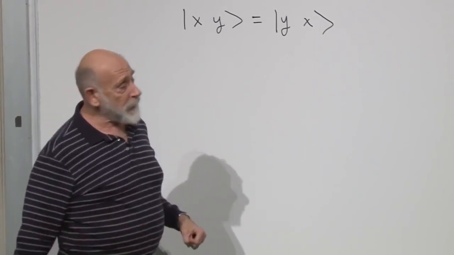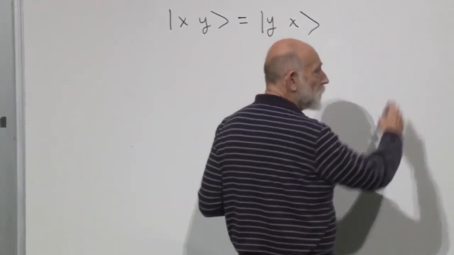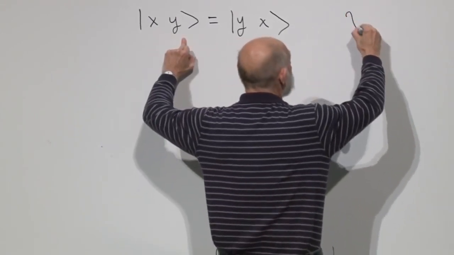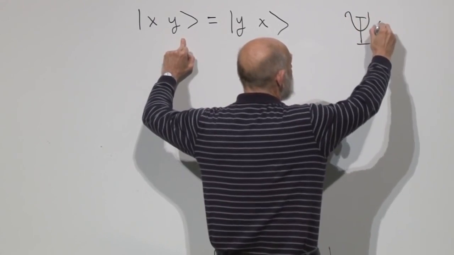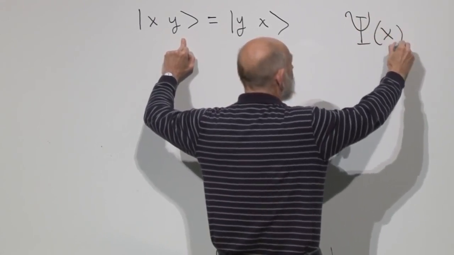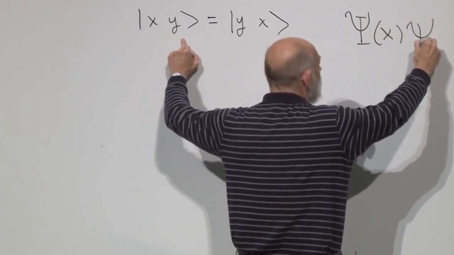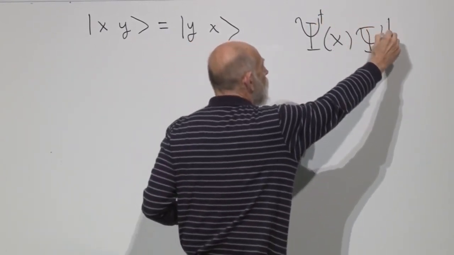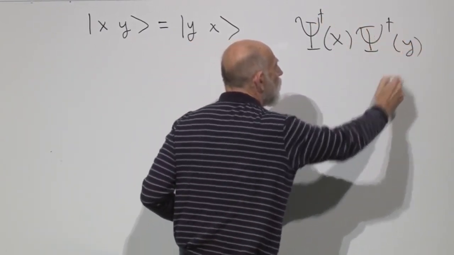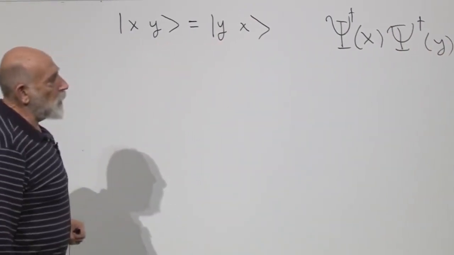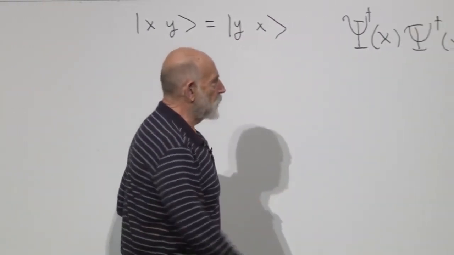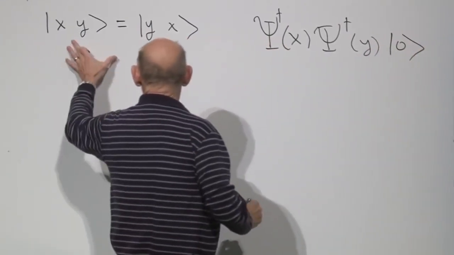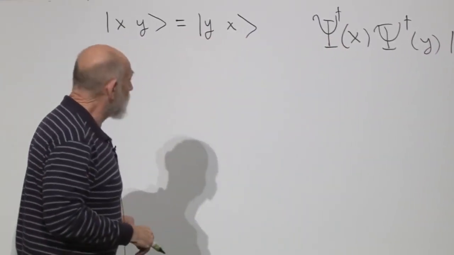Okay? So in particular, how do you make a particle at x and a particle at y? You take psi dagger of x times psi dagger of y, these should be creation operators. A creation operator for a particle at x, a particle at y, and you let them act on the vacuum, and that creates particles at x and y.